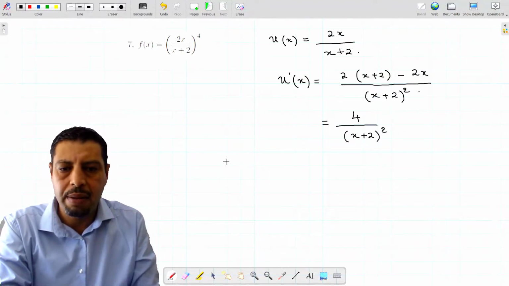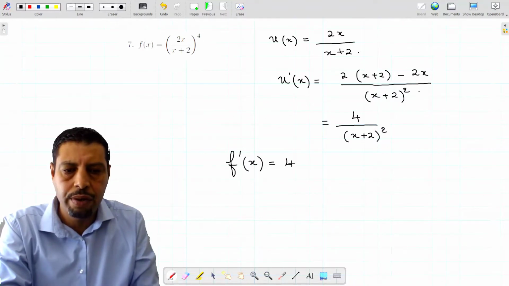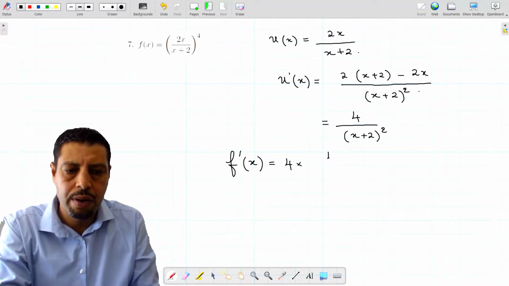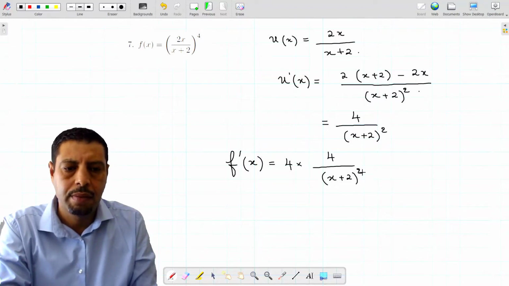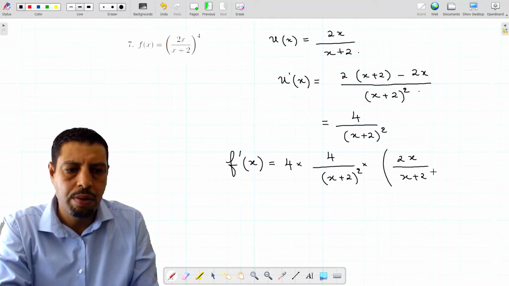Now we apply the power rule. We're going to obtain f prime of x equals, the power here is 4, so 4 times the derivative of what's inside, which is 4 over (x plus 2) squared, times (2x over x plus 2) to the power of 3.